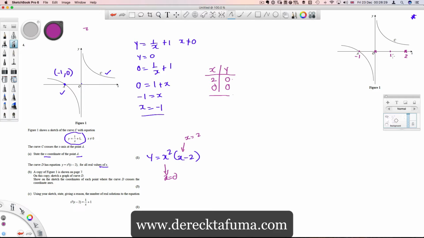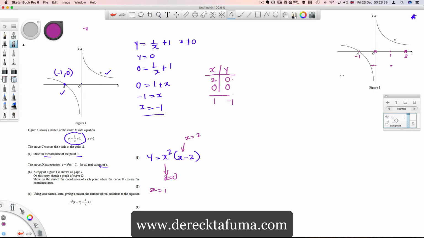Okay, so now we need to find out what's happening at 1. So when x is 1, then 1 minus 2 is minus 1, and that's 1, so it means y is minus 1. So when x is 1, y is going to be minus 1, so it's going to be somewhere here.